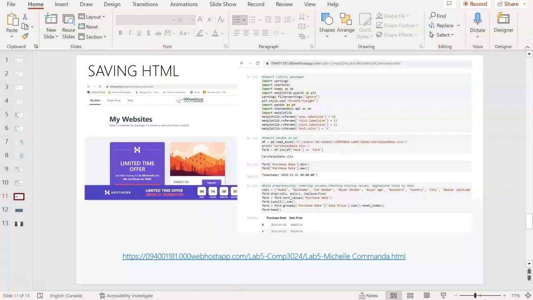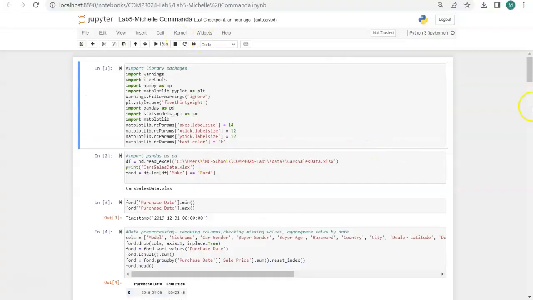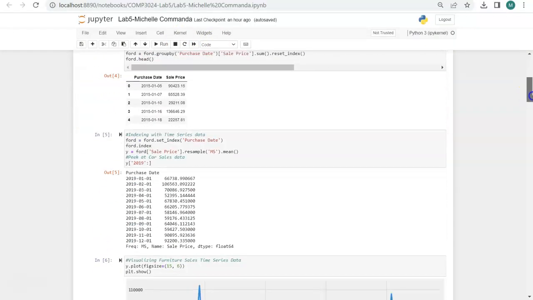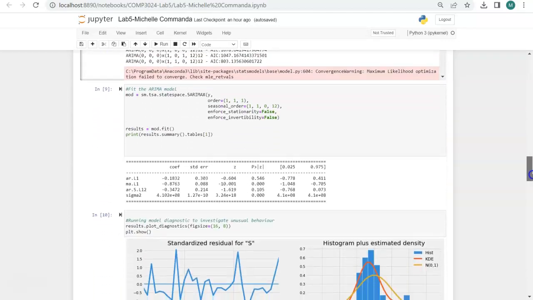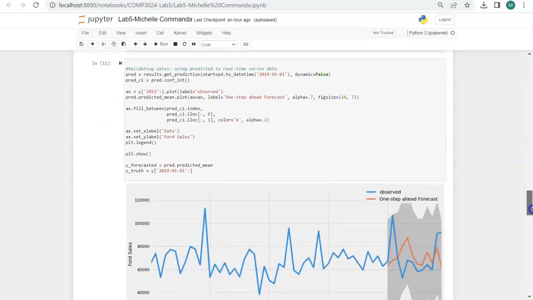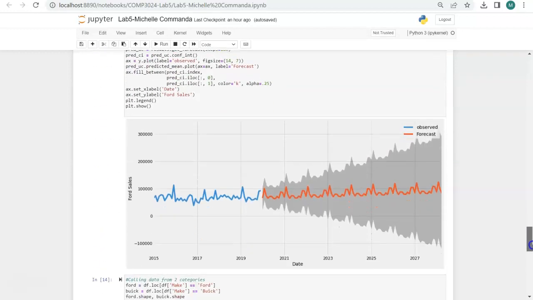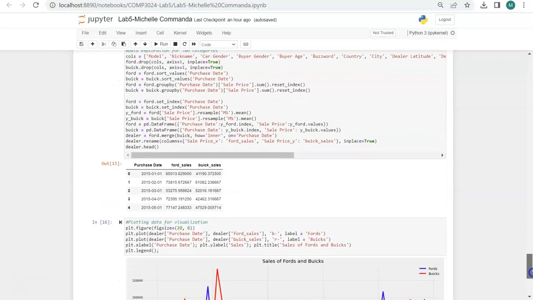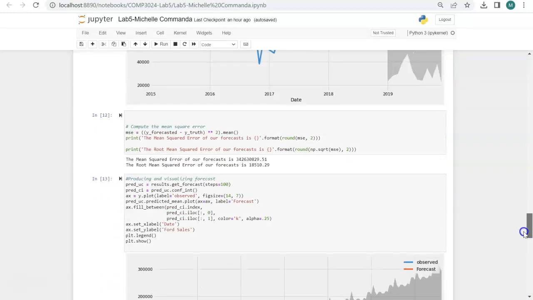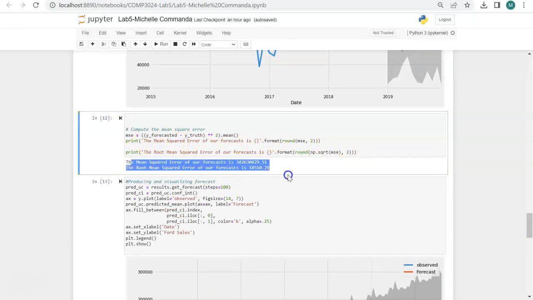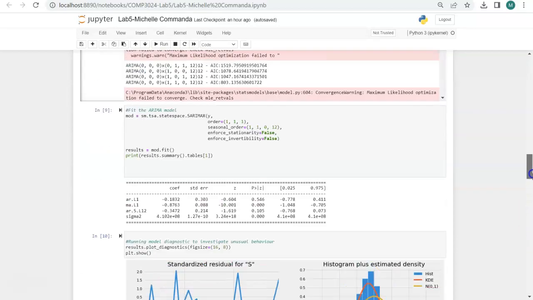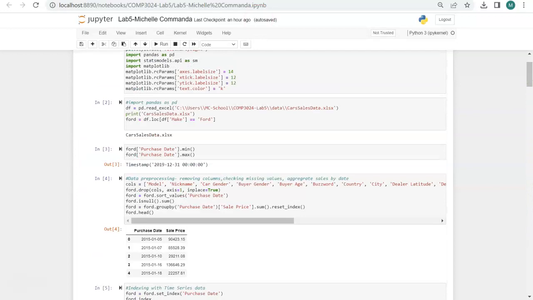When I finished all of my data and went through, one thing I didn't actually show in the PowerPoint was finding the mean squared error for our forecast and the root mean squared error of our forecast, which was also added in.